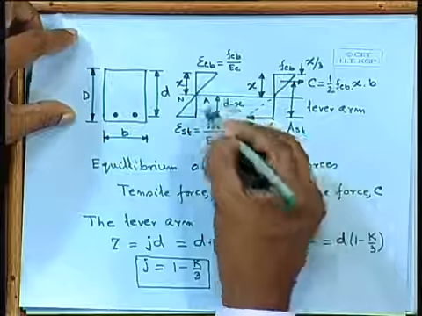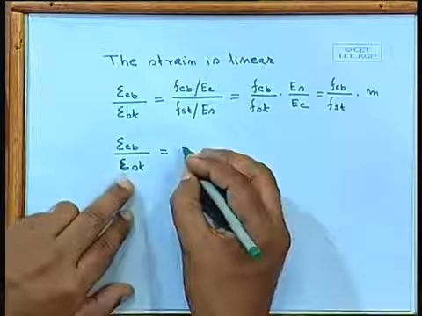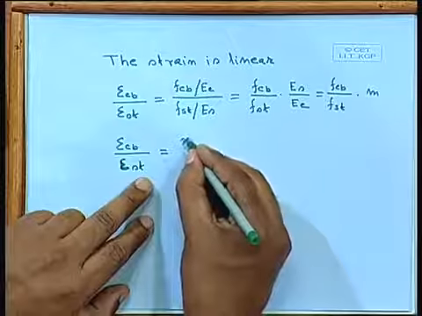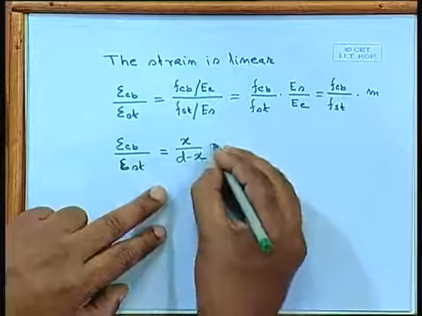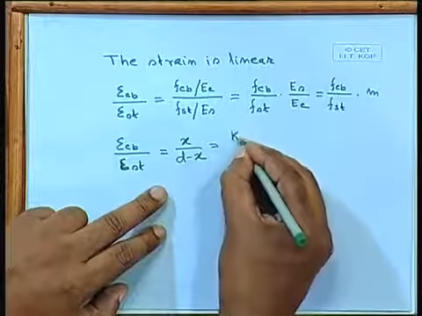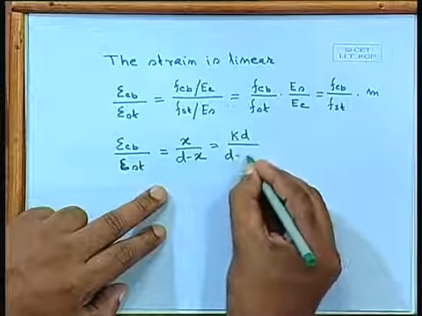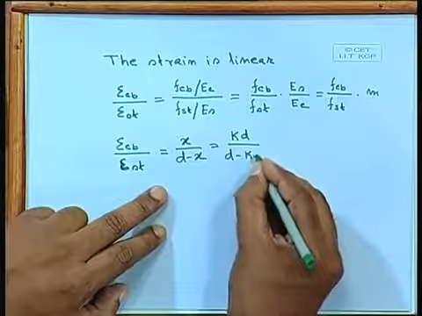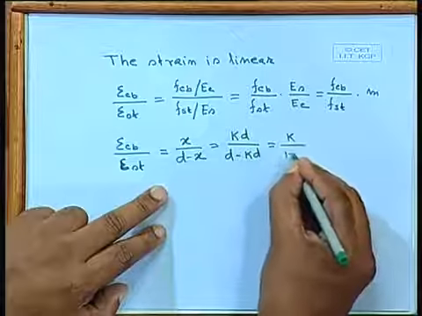So epsilon_cb by epsilon_st is nothing but x by (d minus x), the similar triangle, equal to kd by (d minus kd), equal to k by 1 minus k.